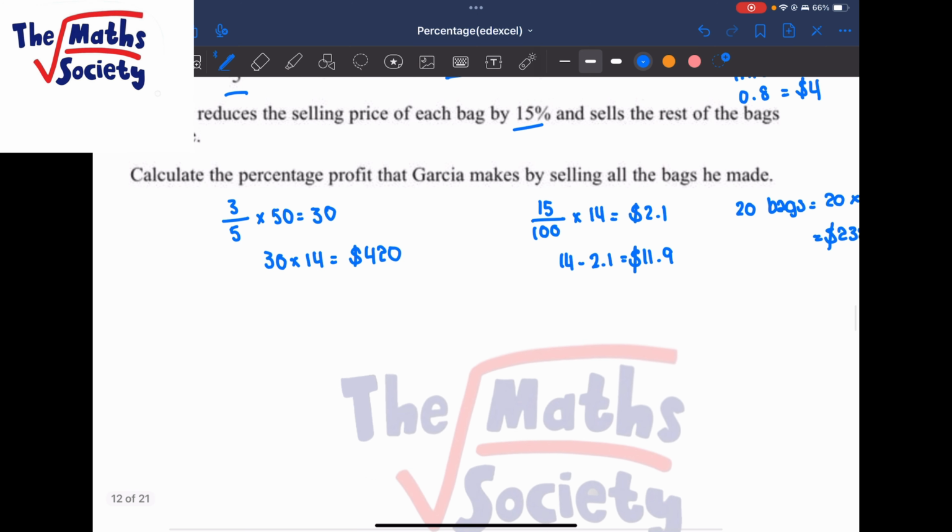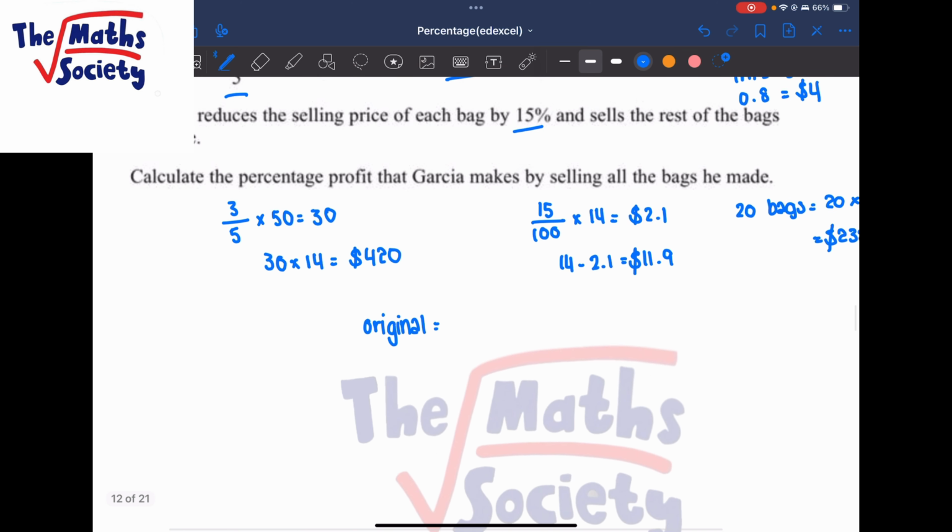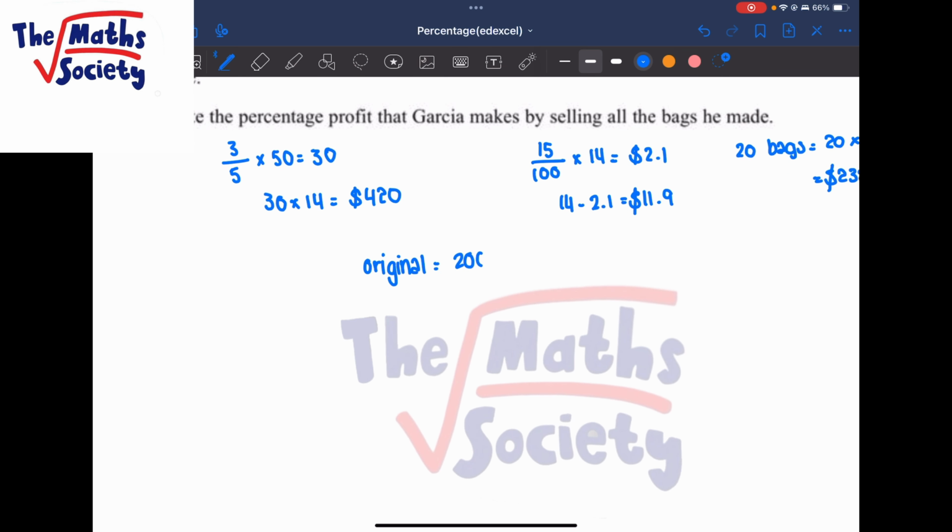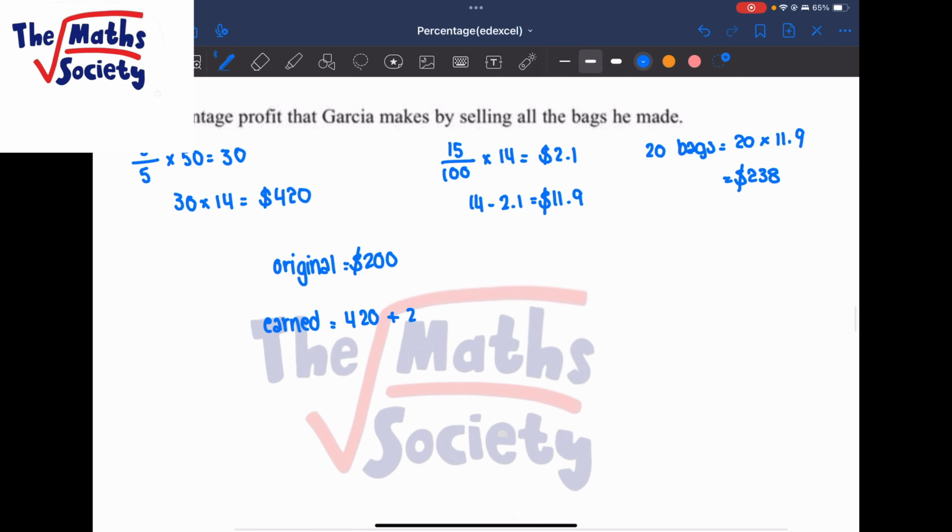And then the original price he started with was $200 because he paid for the fabric. And then he earned 420 plus 238 that he sold, which gave him $658.